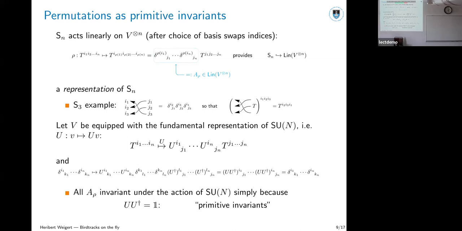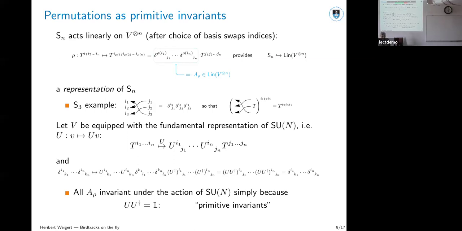Linear maps on this vector space pick up factors of u and u dagger: u's on the left indices, u daggers on the right indices. So let me take one of those things up there, one of those explicitly. It picks up factors of u on all the left indices and u daggers on all the right indices. If you look at this carefully, the Kronecker deltas just connect these into u times u dagger.